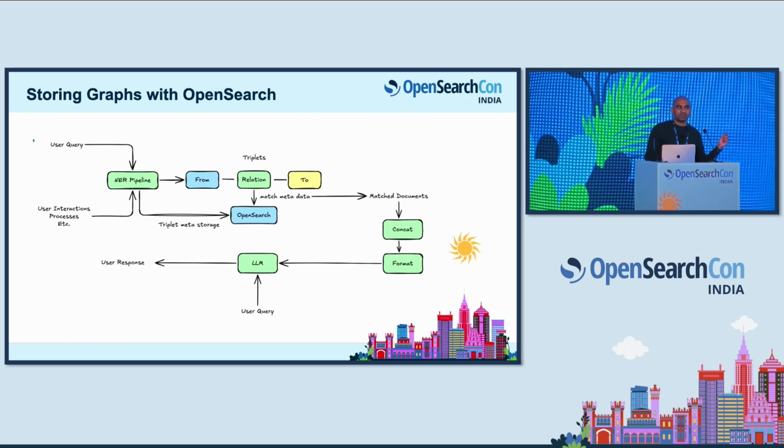So here we are trying to use OpenSearch as a graph layer. We are trying to remove the graph database and implement the semantics of how graph layers are built by using triplets in OpenSearch.